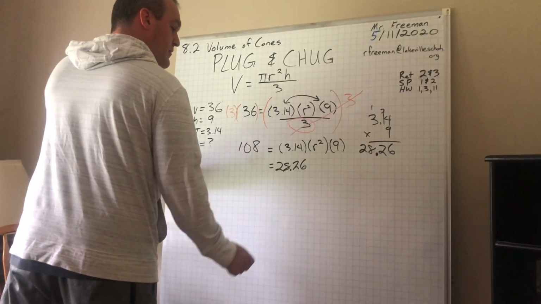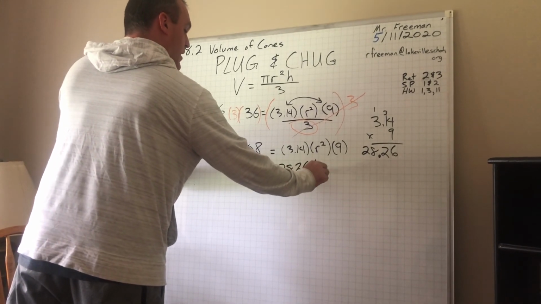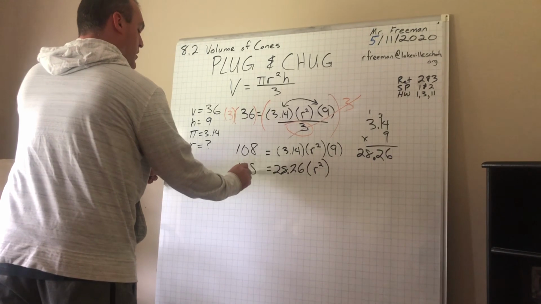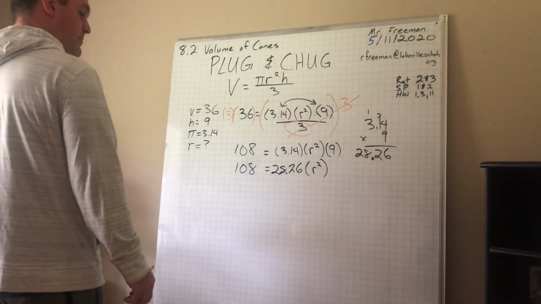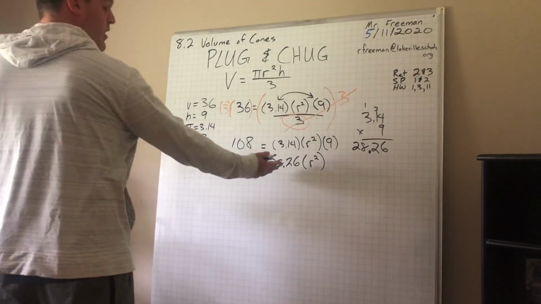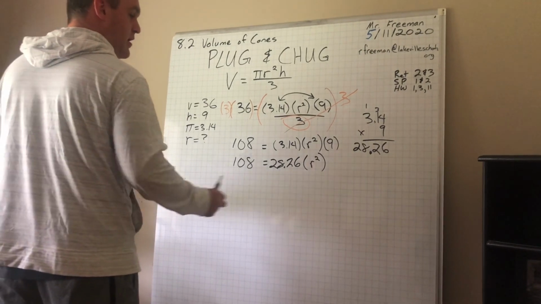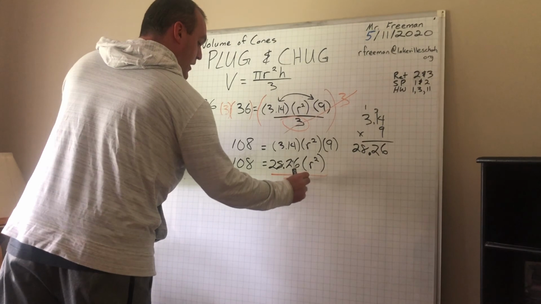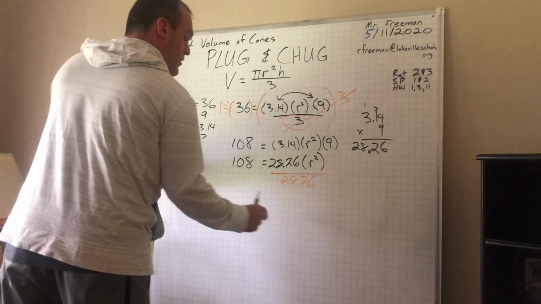Okay? That times r squared is going to give us 108. Right? So now to get rid of this 28.26, we would have to divide by 28.26.